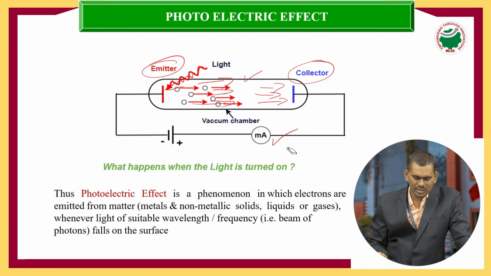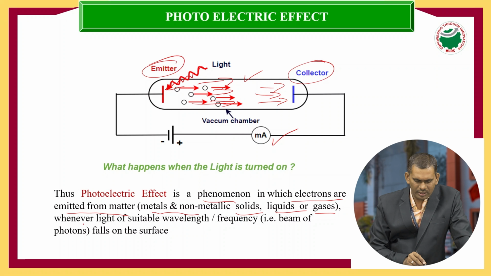Here you can also see the photoelectric effect is a phenomenon in which electrons are emitted from matter. Matter is nothing but our metal surface. Matter can be metal, gas, solid, whatever it is. Metals and non-metals, solids, liquids, gases all come under matter, as we know.